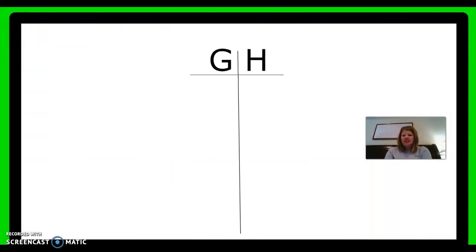All right, G and H. If G is 4, H is 2. So it looks like the numbers went down here, which means we're not going to add and we're not going to multiply. So think about it. If G is 5, H is 3. If G is 7, H is 5.